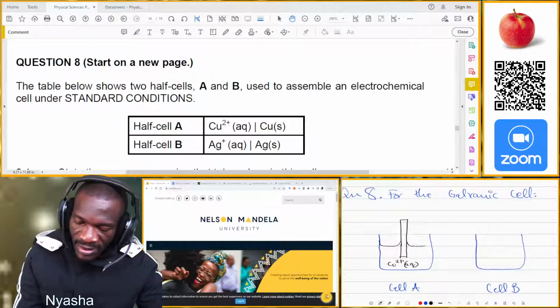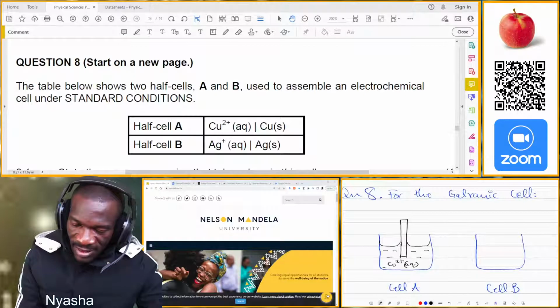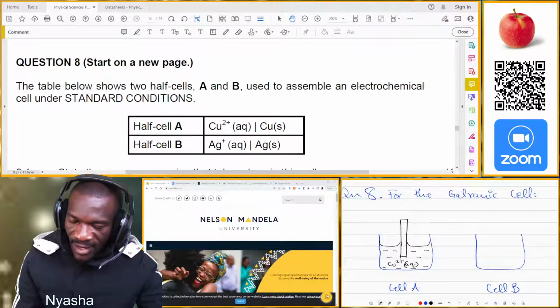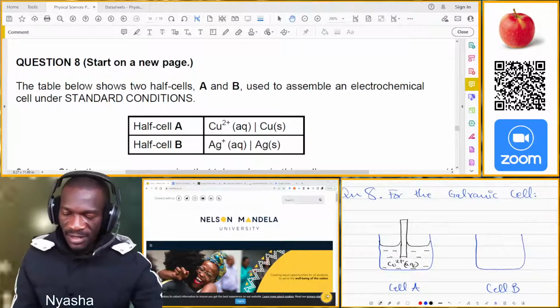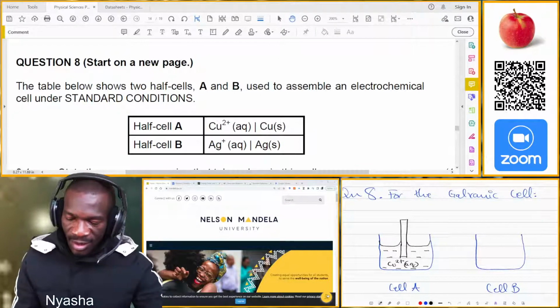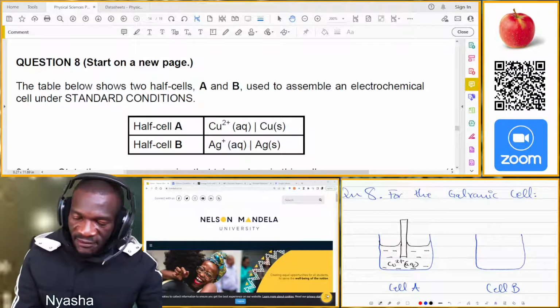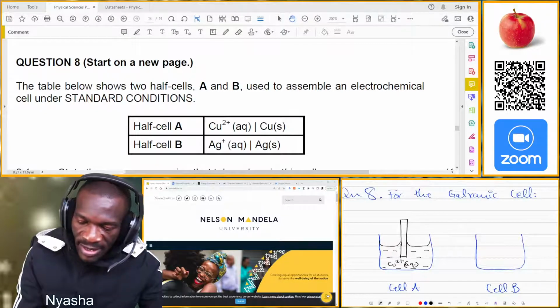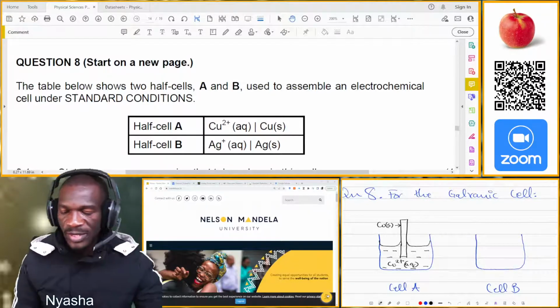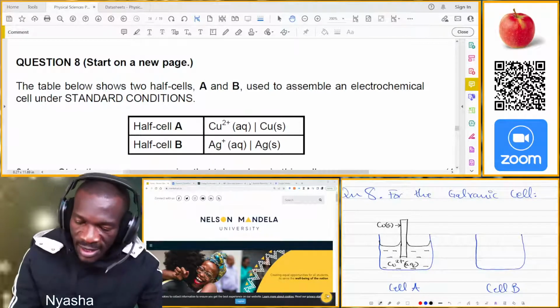Let's just color it so we can see that is what is taking place there. Okay, we're happy. We can see our electrolyte, and this is our copper aqueous solution. The interface is in between the copper aqueous and the copper solid electrode. That's our copper solid electrode.